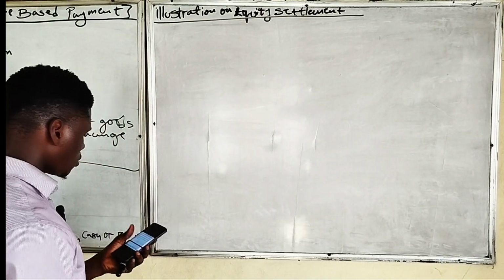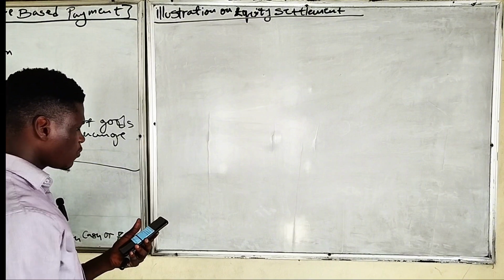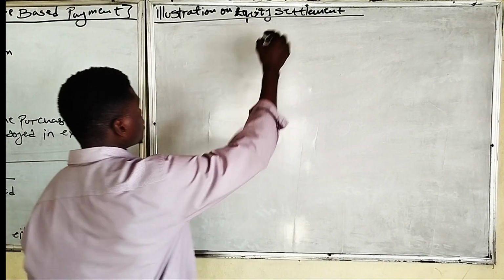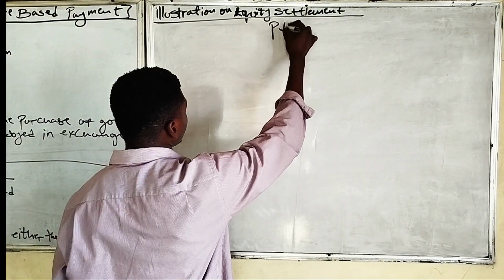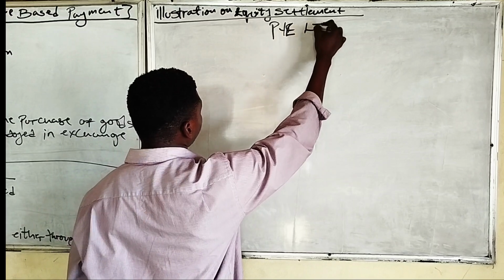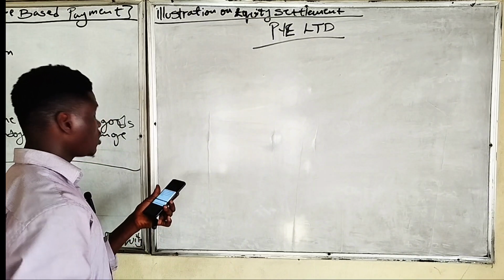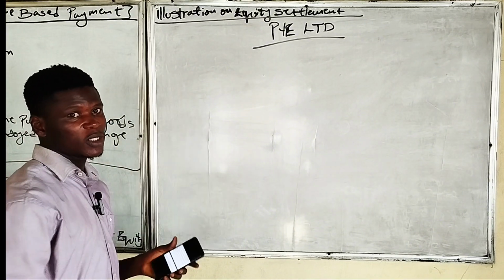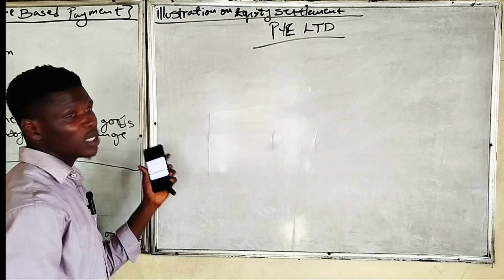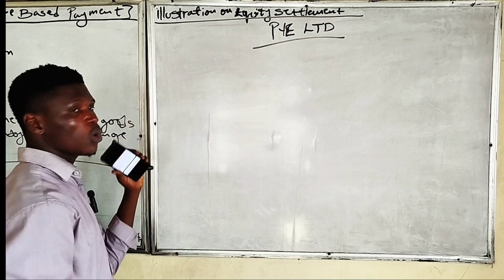So they said on 1st January 2014, Pi Limited, so this is Pi Limited. We are told to calculate the amounts to be recognized in the income statement. That's expenses. Just like we said, share-based payment relates to expenses or equities or liabilities.